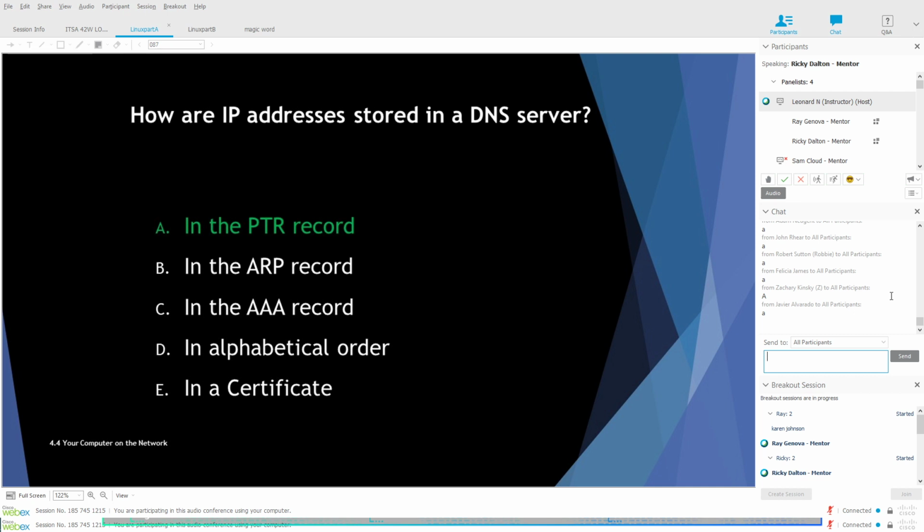They are stored in a pointer record. Going back to MTA server, do you guys remember the types of records in DNS? A single A record is for IPv4. A quad A record is for IPv6.